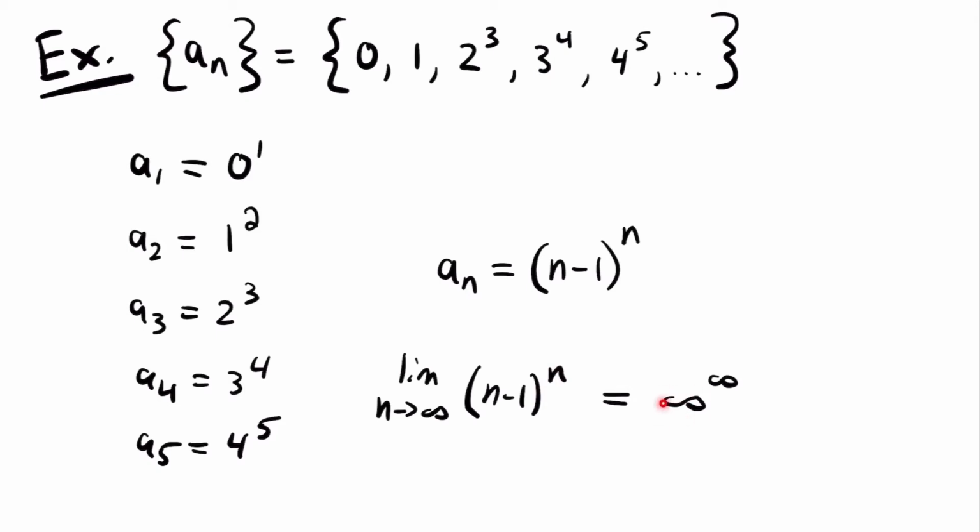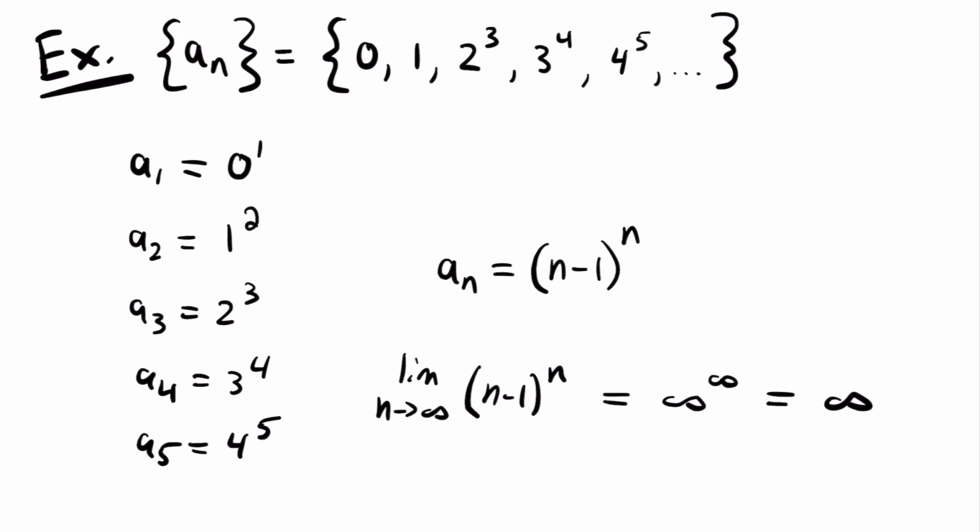And so we have infinity to the power of infinity, and if you raise an increasing value to a power of an increasing value, it's just an increasing value, and so infinity to the power of infinity is just a value that is getting larger, and so we would say that that's just equal to infinity. And so what this tells us is that this sequence, as we write out more and more terms, the value of those terms is just getting larger and larger towards infinity, and it's not converging to a specific value.